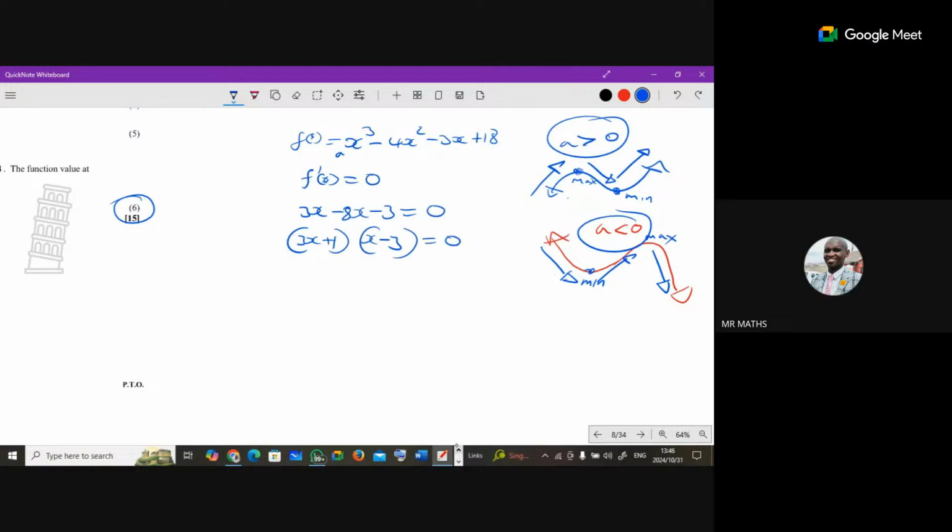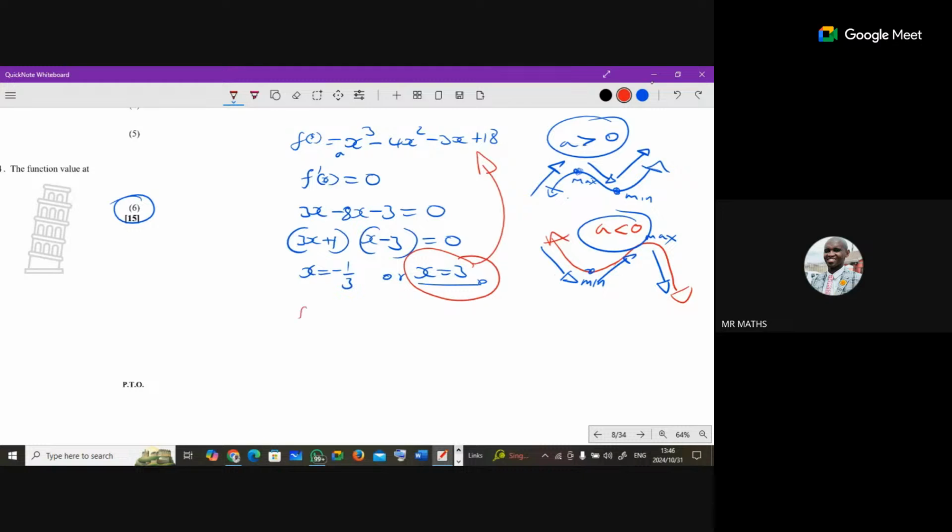So you can see now that the values of x for a turning point: x will be equal to -1 over 3, or x will be equal to 3. Are we together? Yes, sir. Okay. So now you take this value and substitute into the original.